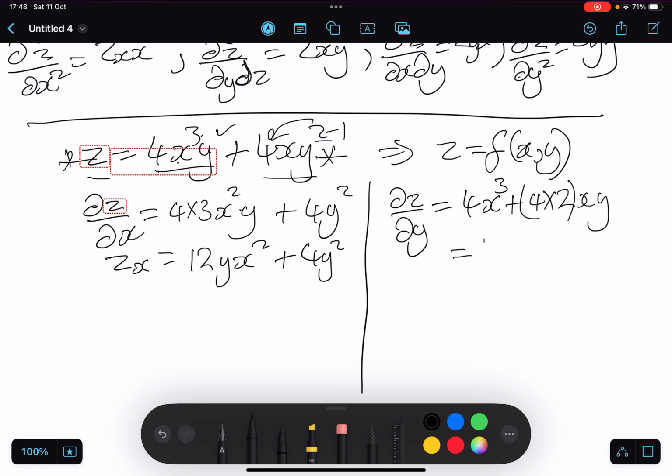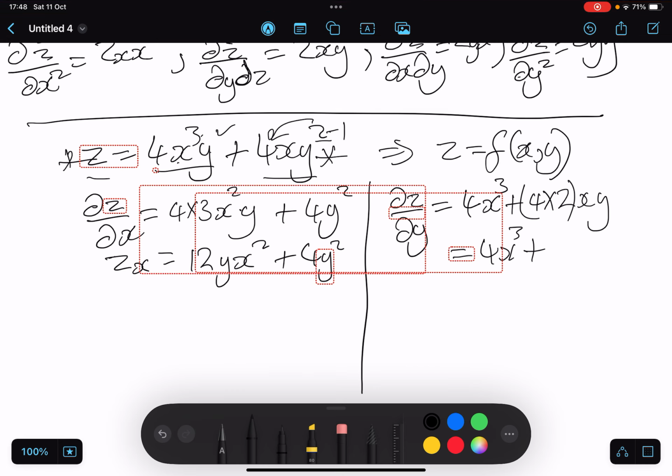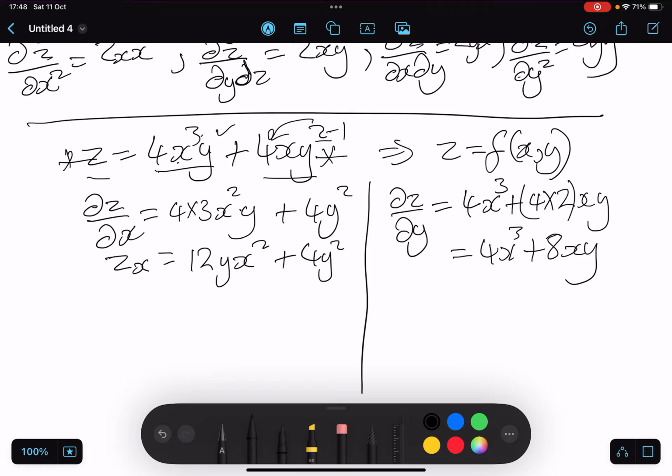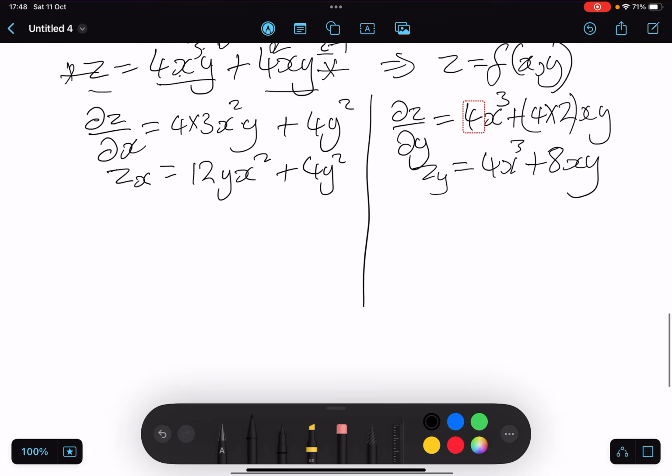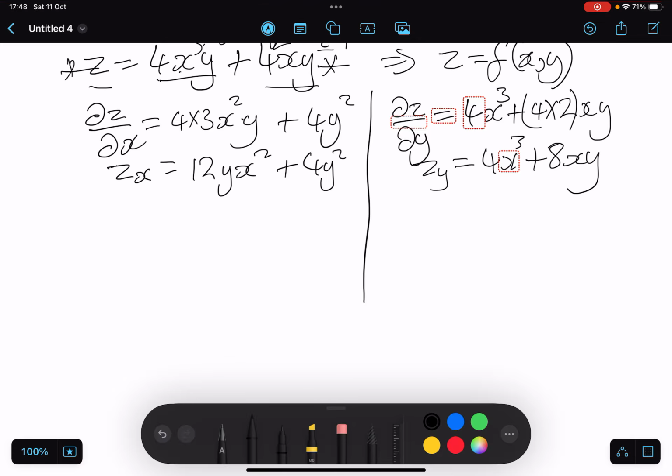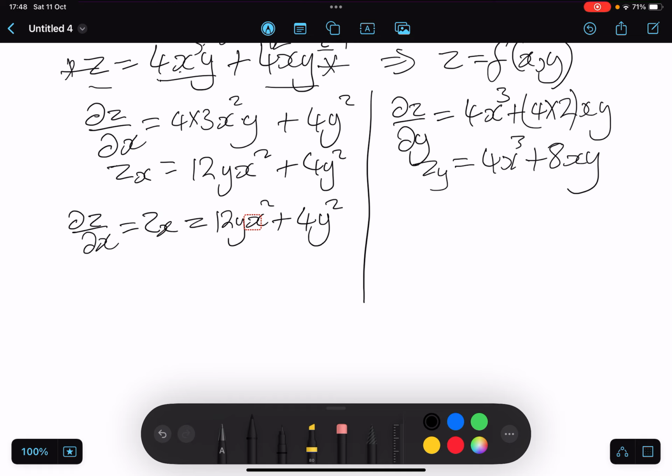So this is going to be 4x cubed plus 8xy. This is the same thing as zy, right? So now we have our first derivative. We have dz dx, which is equal to zx, which is equal to 12yx squared plus 4y squared. And on this side we have differentiated z with respect to y, which is equal to zy, which is equal to 4x cubed plus 8xy.